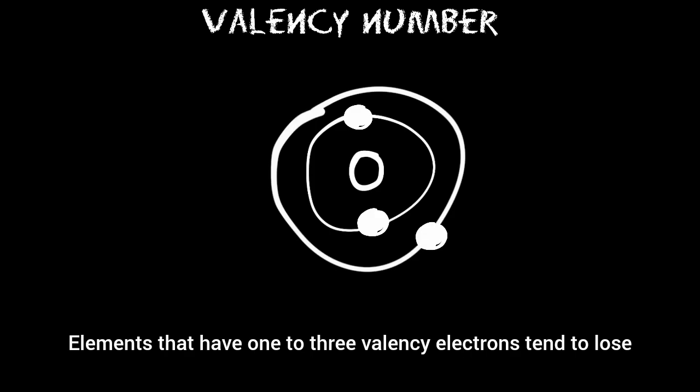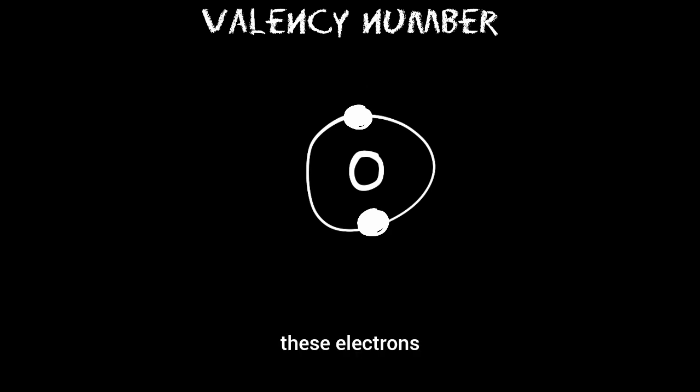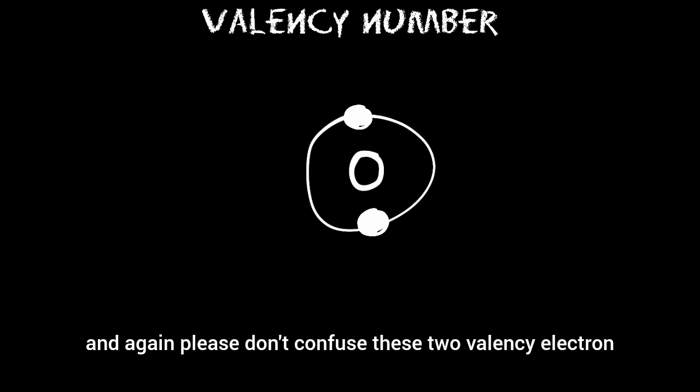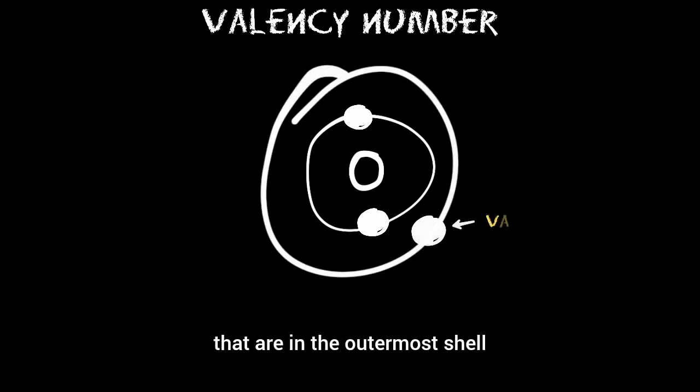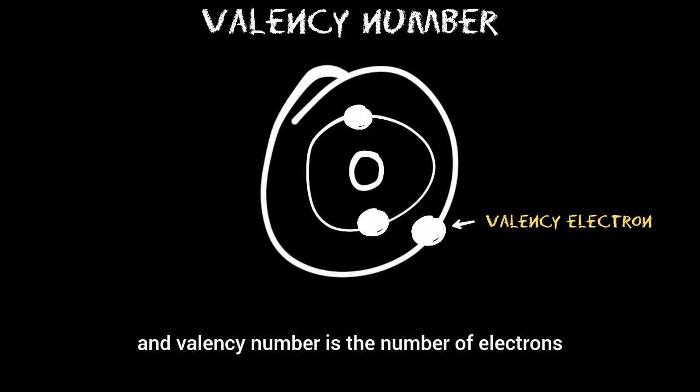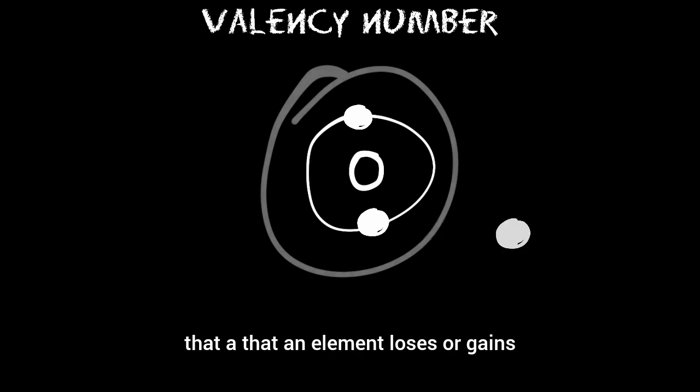Elements that have 1 to 3 valency electrons tend to lose these electrons. Valency electrons are the number of electrons in the outermost shell, and the valency number is the number of electrons that an element loses or gains.